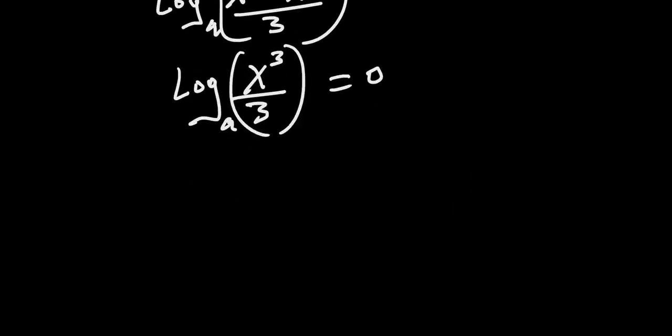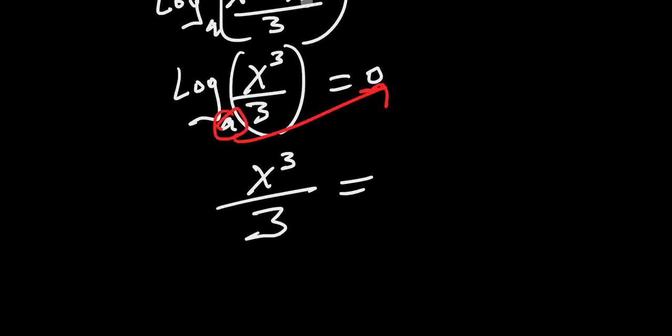So at this point, we can now write this in the index form by taking this, switch it over here, and to the power of 0. So this will become x cubed over 3 is equal to a to the power of 0. And remember, any number to the power of 0 is 1.